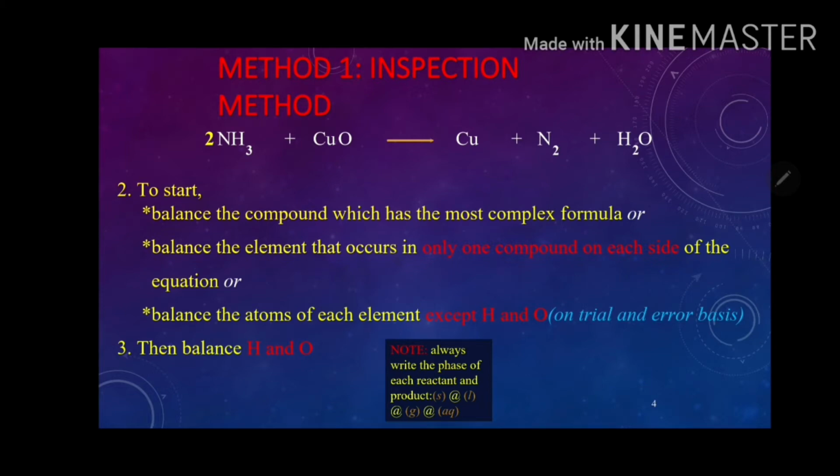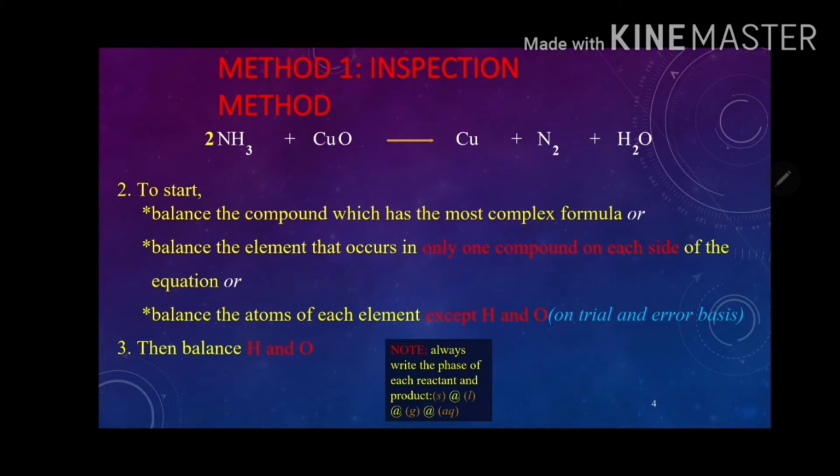Next element is copper, Cu. Already balanced here, left and right, because there is only one copper on the left and one copper on the right. So no need to write anything.